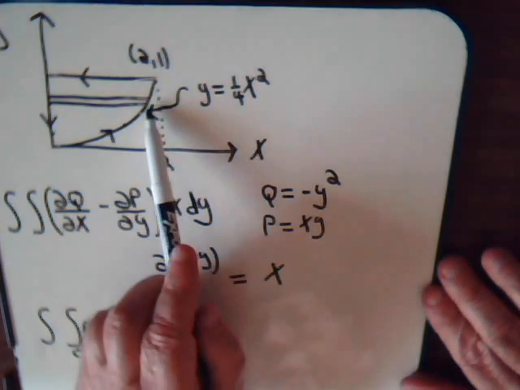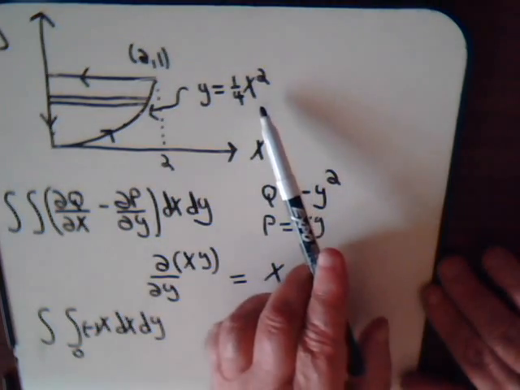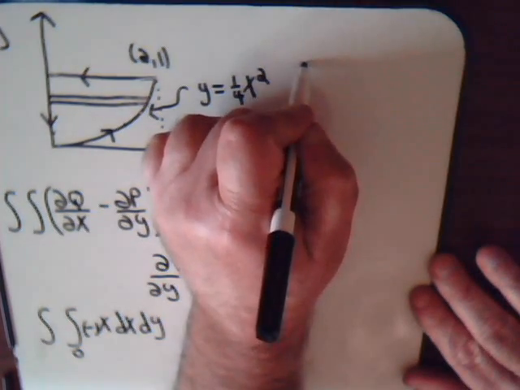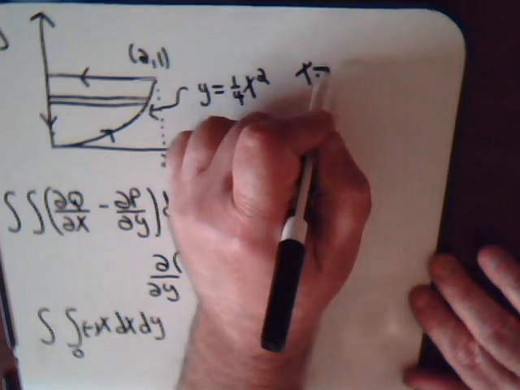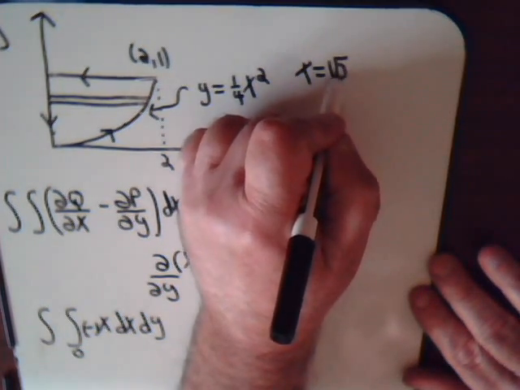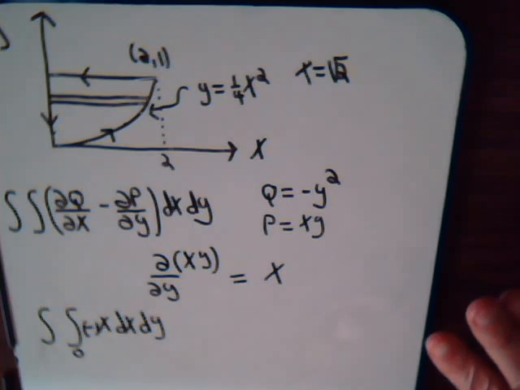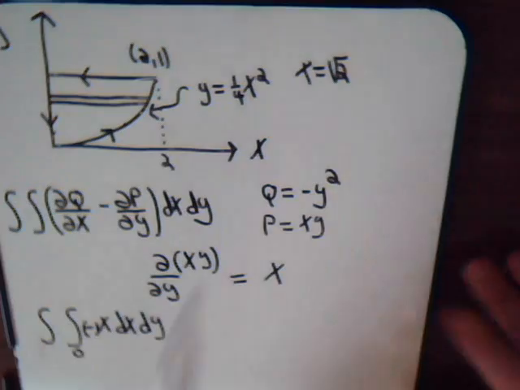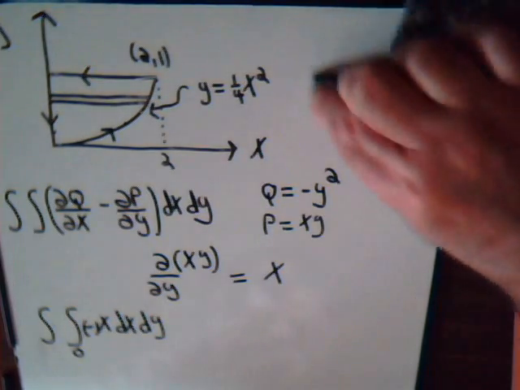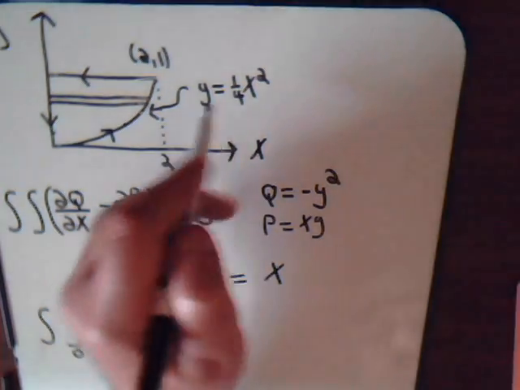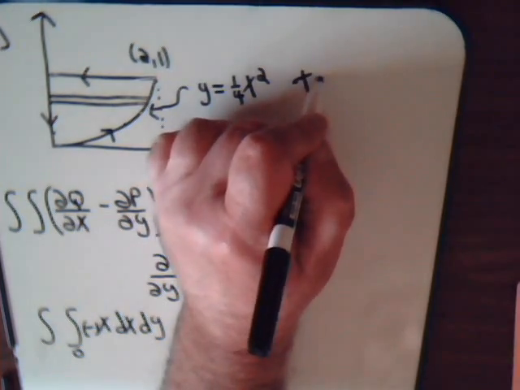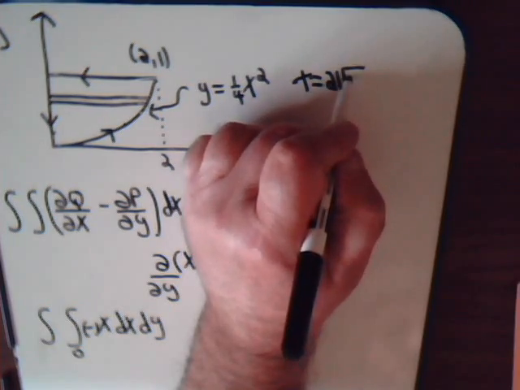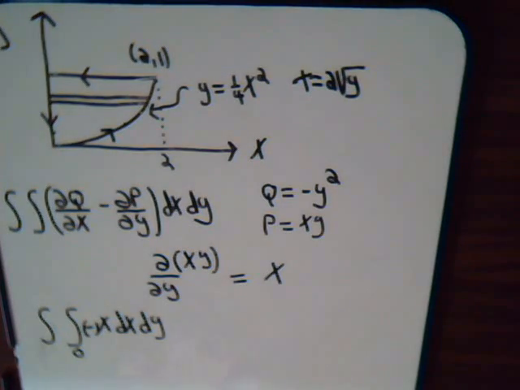Now, what value does x have out here? Well, x squared equals 4 times y, so x will equal 2 times the square root of y. x equals the square root of 4, which is 2, times the square root of y.